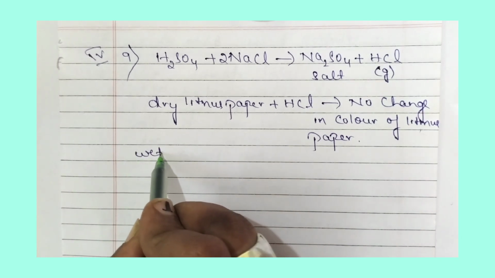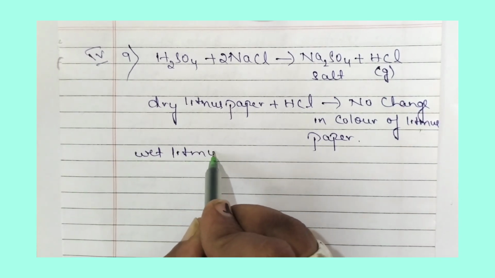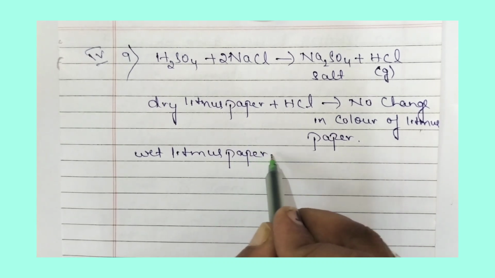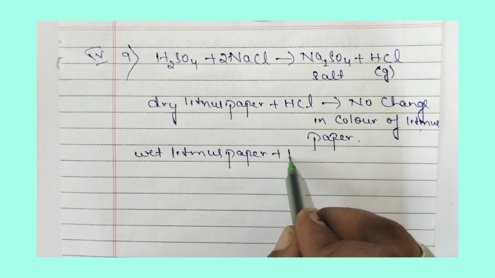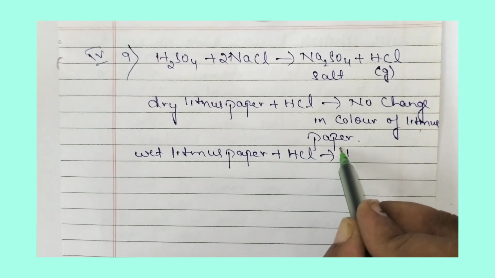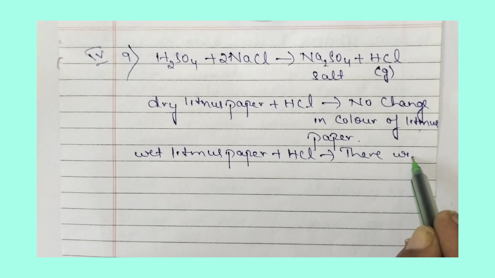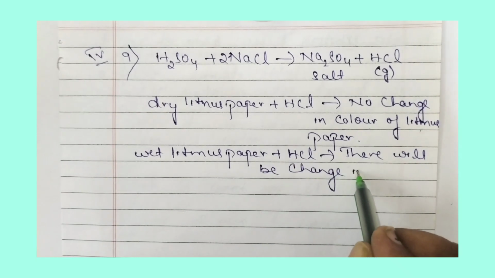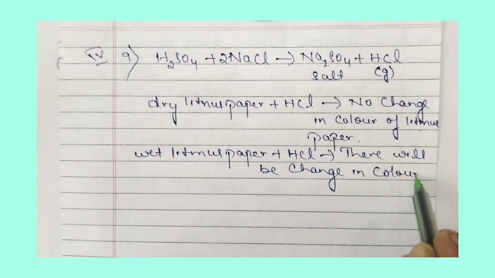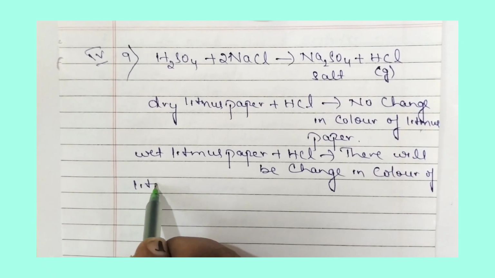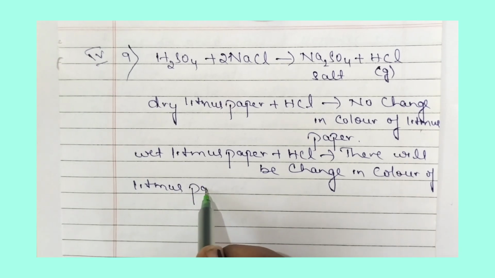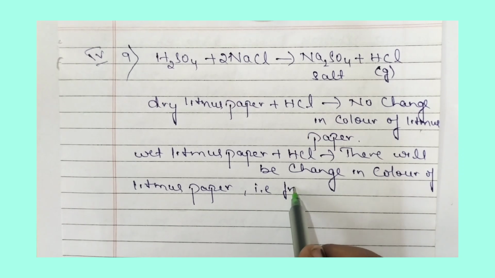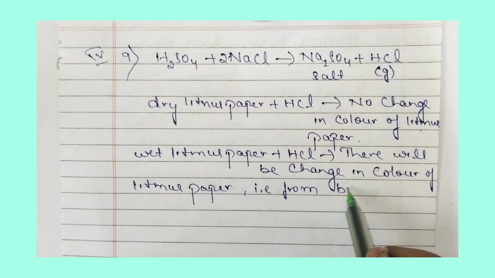But when wet litmus paper is tested with hydrochloric acid, there will be a change in color of litmus paper, that is from blue to red.